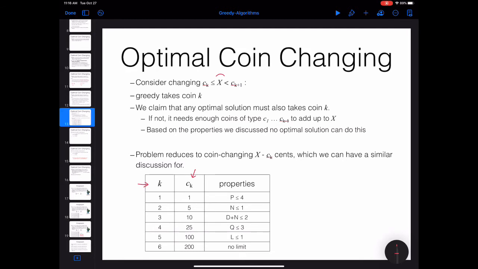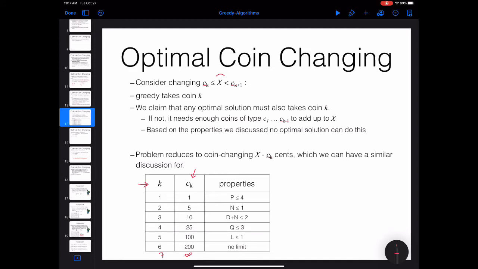If the amount is greater than the largest coin, you can simply add one more index here, just assume this is going to be 7, and c(k+1) is going to be infinity. So in this way, you are going to cover everything, okay?